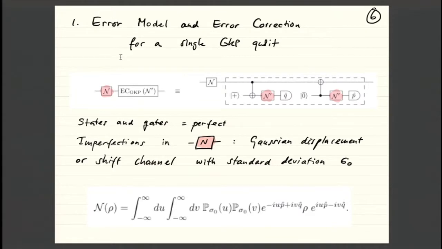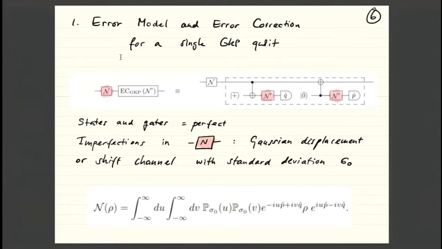And then the readout of this data qubit is also imperfect. So I'll insert another noisy channel N prime, which could have a different standard deviation. And because these are oscillators, I don't measure one bit. I measure Q. We assume that's a perfect measurement of Q, but before that there were some shifts, so effectively it's a noisy measurement.